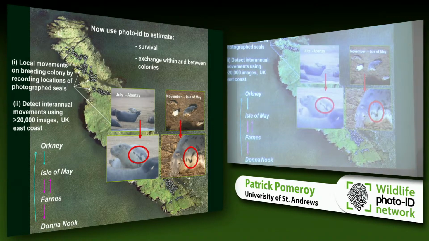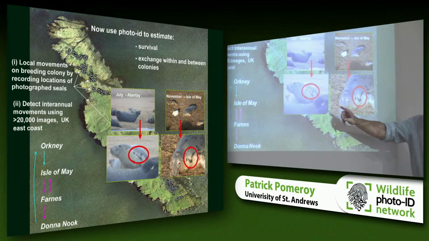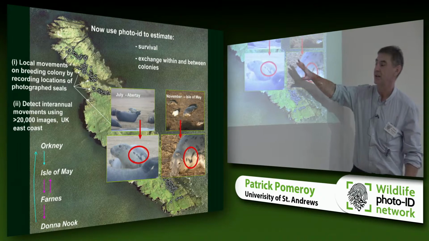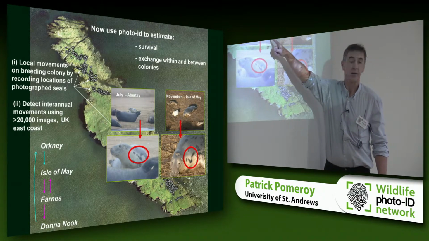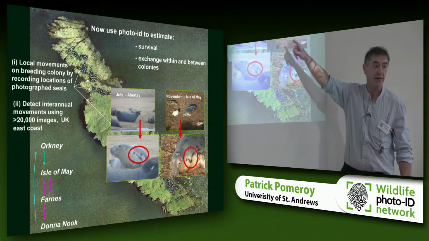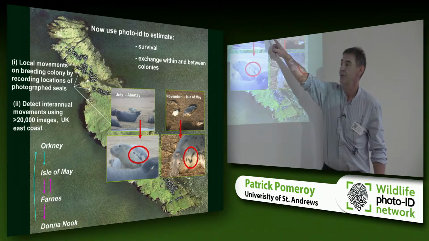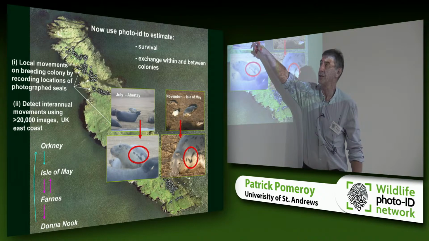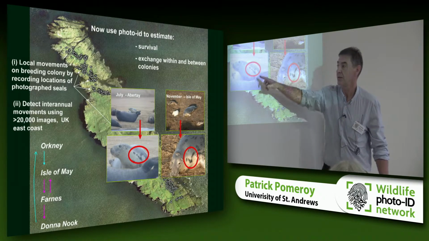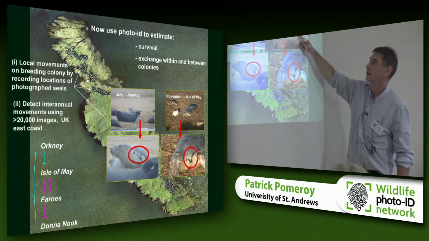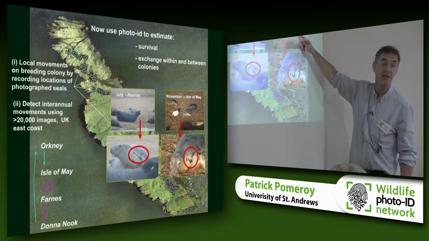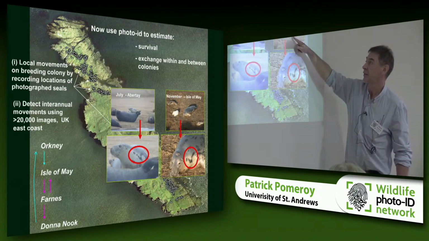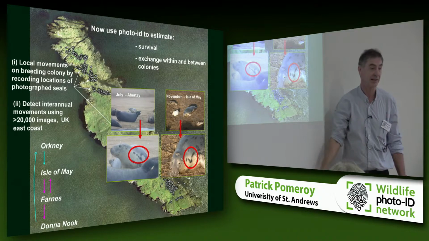Having said that, what we have been able to do is to link photographs taken away from the colony on non-breeding grounds, haulouts to the north of the island. So these are photographs taken in July of a female on a sandbank with the pattern here, and again in November when she's breeding on the island, and we got a photograph here of exactly the same pattern.